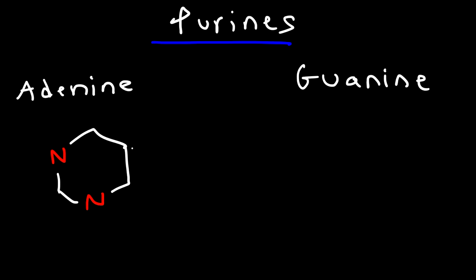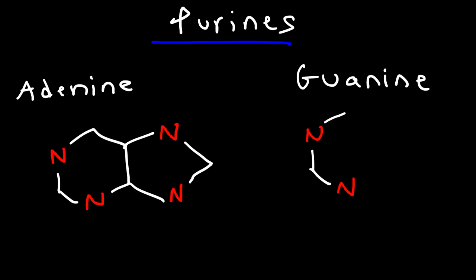In the second ring, they also contain 2 nitrogen atoms. So both adenine and guanine have that same structure. So if you start with the base structure, it can help you to remember how to draw these 2 purines.